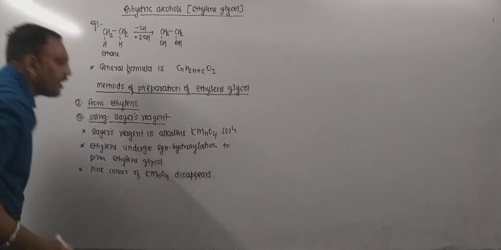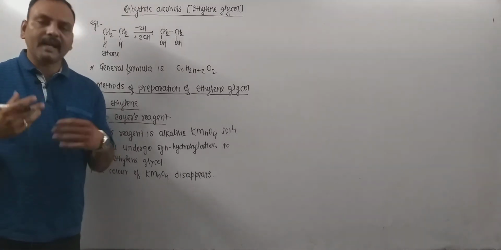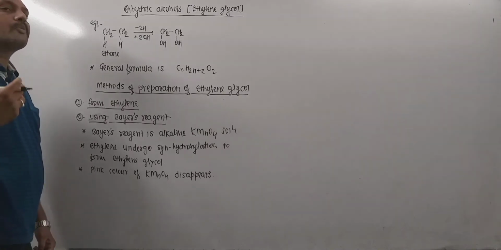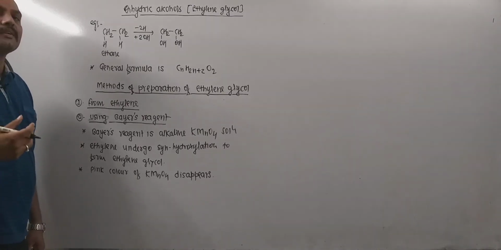This is the key factor. So the disappearance of pink color can be seen by the naked eye, and from this we can come to the conclusion that the sample possesses a double bond in it.